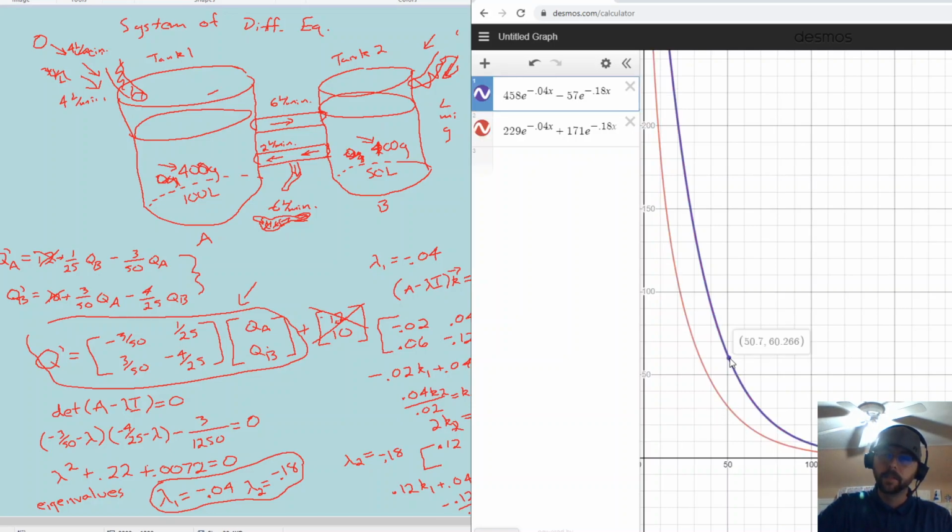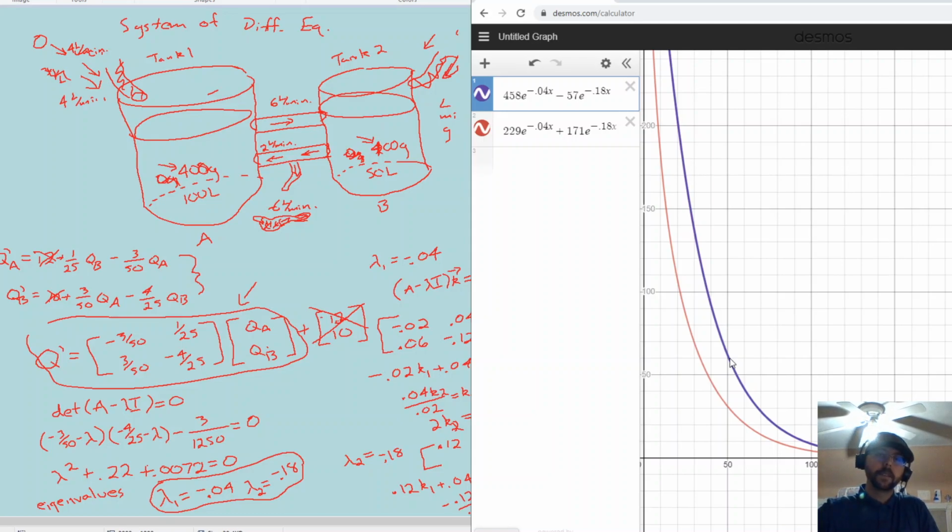So here, 50 minutes, we have about 60 grams of salt. So tank A has a lot more salt than tank B because, yes, okay, it does make sense because, wait, so tank A has salt that gets pumped into tank B.